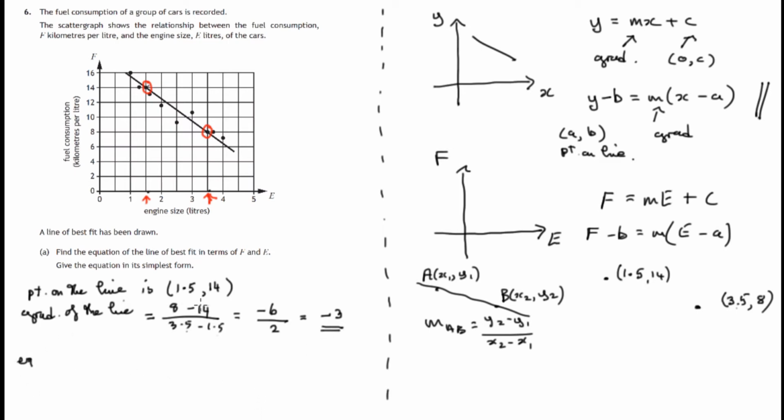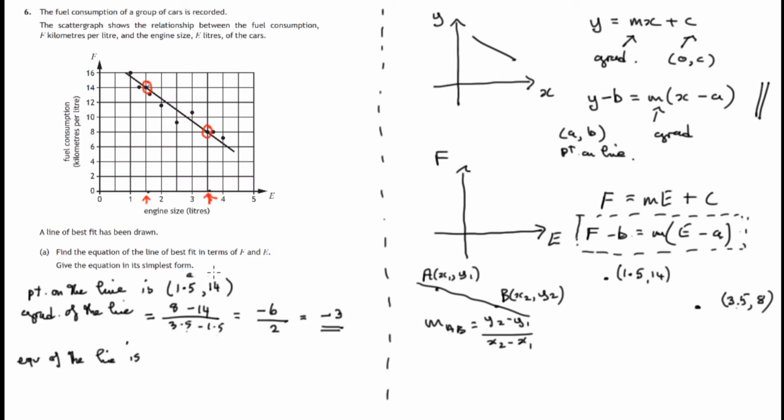So we've found a point on the line and we now know its gradient, so the equation of the line is, and we'll hark back to this version, y minus b equals m(x minus a), with y replaced by f and x replaced by e, where we know m, the gradient, and we know (a, b), we're using the point (1.5, 14).